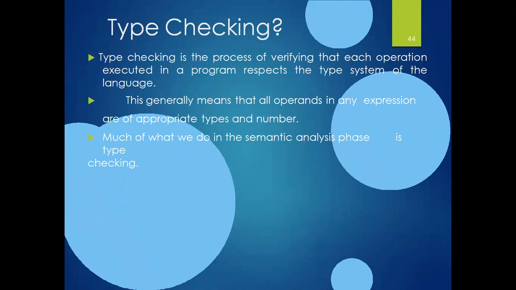Typically any language supports two types of data types. One we can call basic data types, and the second is called constructed data types. Now we have a question: what are the basic data types and what are the constructed data types? For example, well-known data types like integer, character, real, boolean, and enumerated all come under the basic data types.